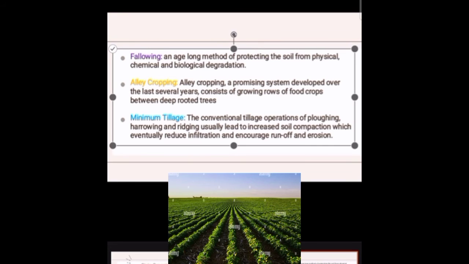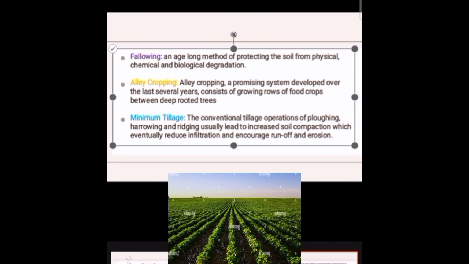The last is minimum tillage. Conventional tillage operations of ploughing, harrowing and ridging usually lead to increased soil compaction, which eventually reduces infiltration and encourages runoff, flood and erosion.